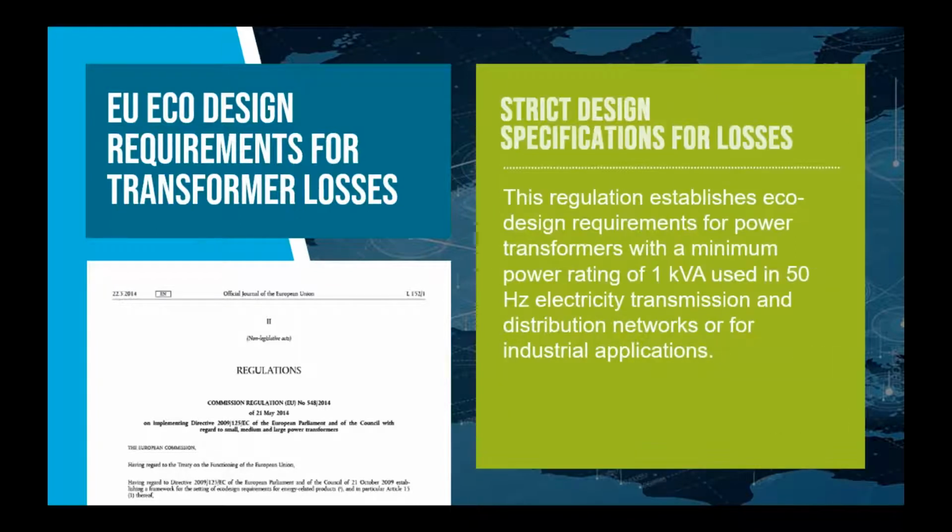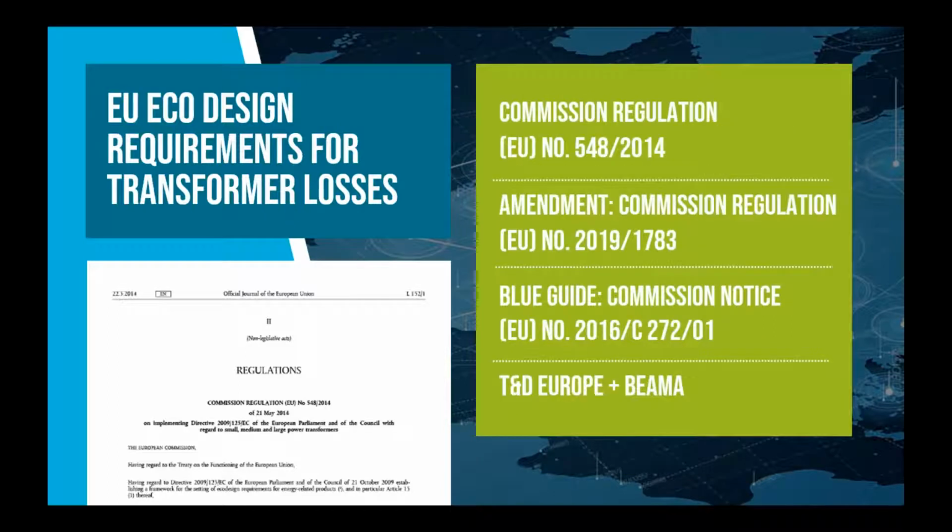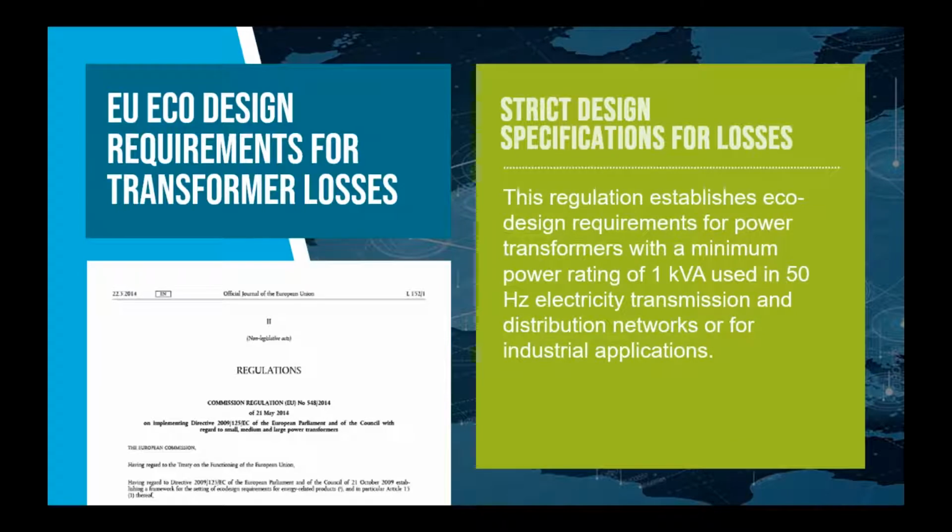But the EU Ecodesign Regulation for transformers brings tougher design specifications for transformer losses. It applies to all transformers above 1 kVA, so almost everything that we deal with, not almost, is.